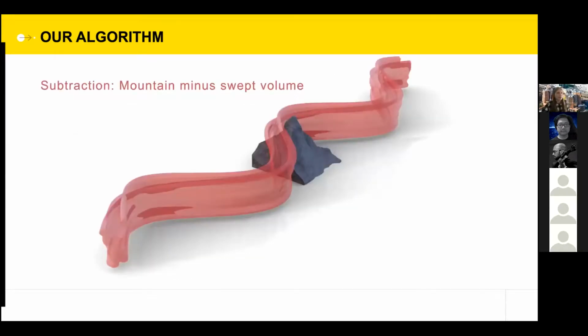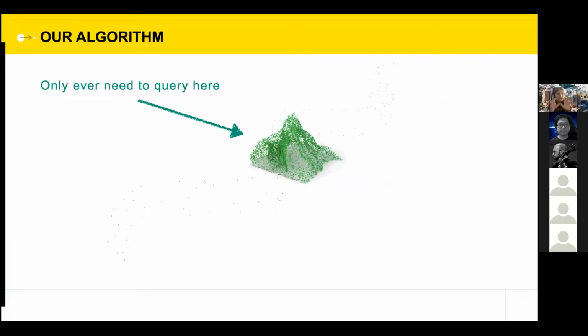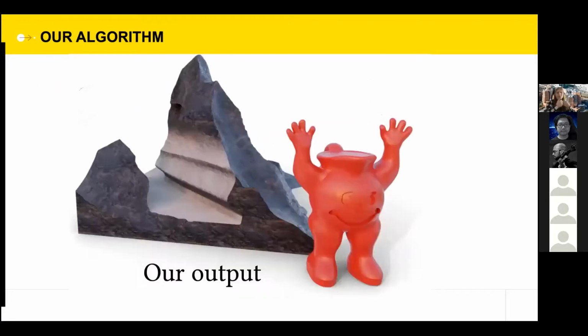So for example, say we want to compute the subtraction of a mountain minus the path of an object that goes through the mountain. Since we can incorporate CSG operations into our algorithm, then we can concentrate the queries in the regions that really matter for the CSG output, right? Not waste time perfectly reconstructing the swept volume very far away from the output that we are going to get in the end. And we can get this output, which is output sensitive in runtime.